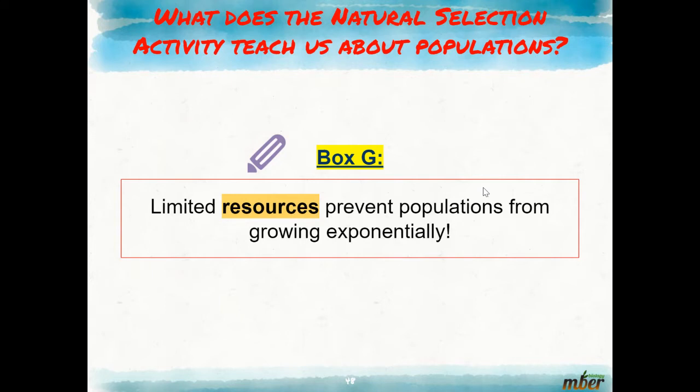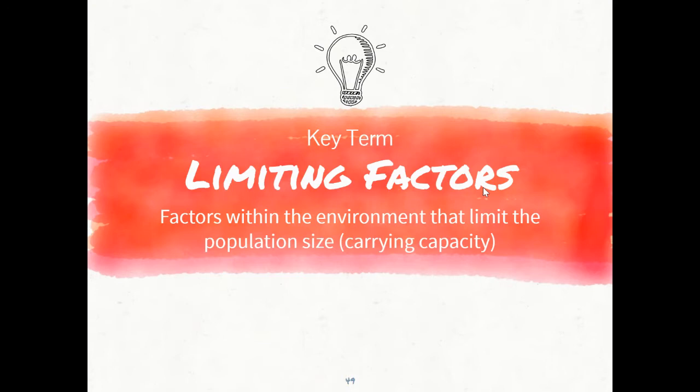Box G, limited resources prevent populations from growing exponentially. So that's what the natural selection activity, the finch activity, taught us about populations. Limiting factors are factors within the environment that limit the population size. So in the case of the bunny, the amount of food would have been the limiting factor.